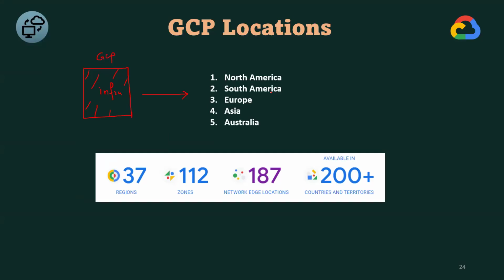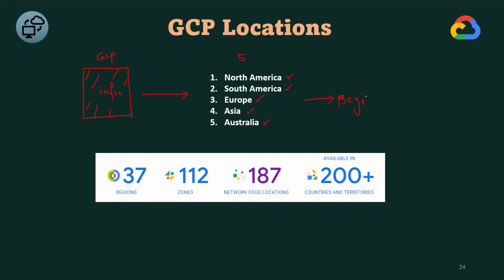That means Google has different infrastructure in different locations. Those locations are 5, and they are available in North America, South America, Europe, Asia, Australia. These 5 locations are further divided into regions.